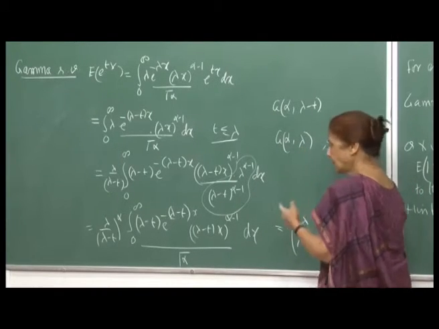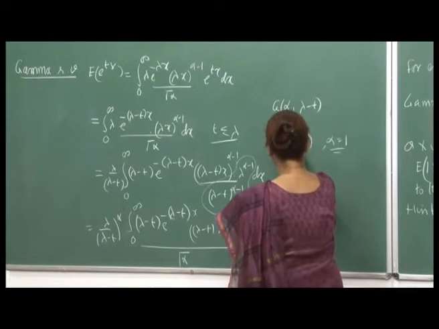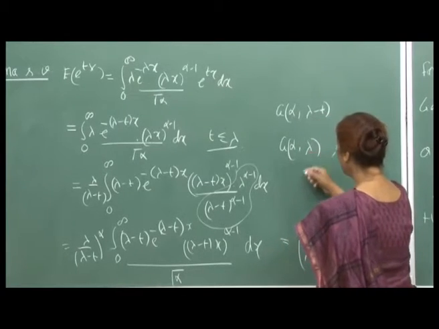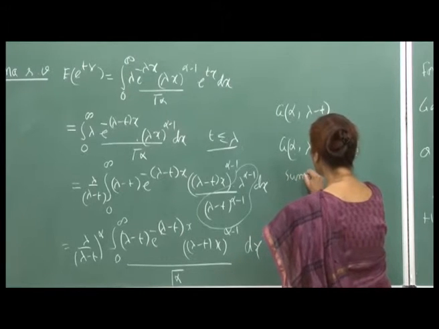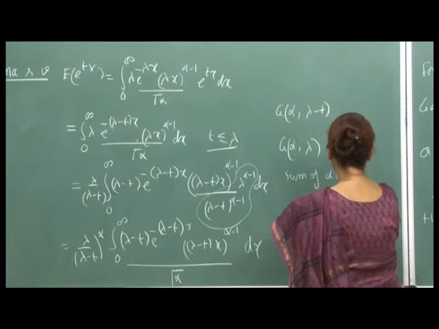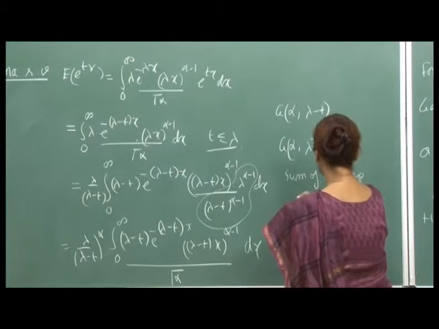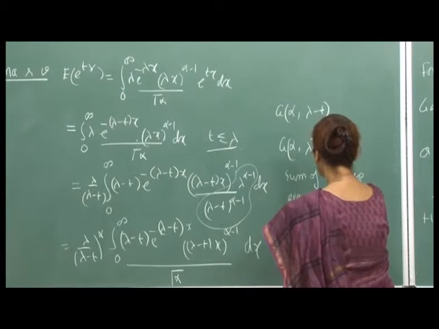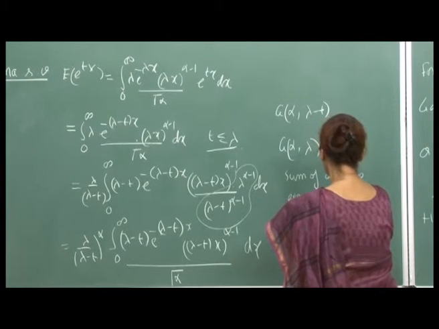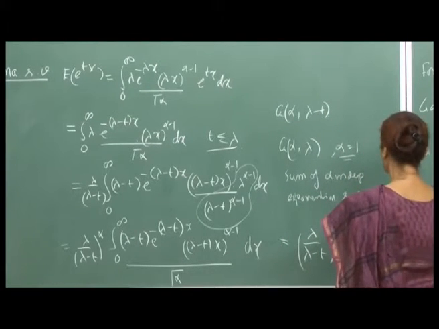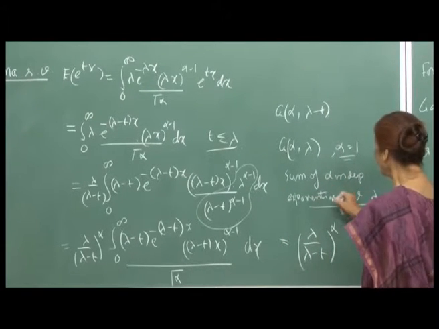That means, in case alpha is an integer, then gamma alpha lambda is the sum of alpha independent exponential random variables with parameter lambda. So this is what the result will be.